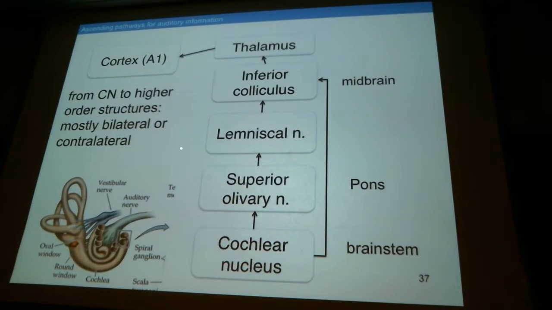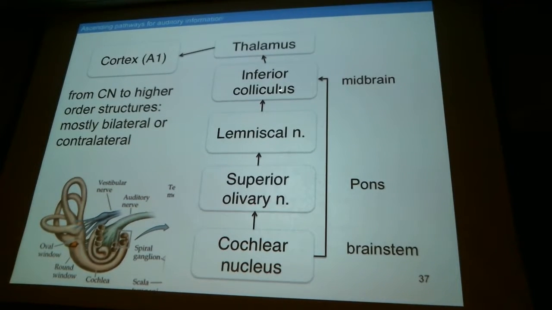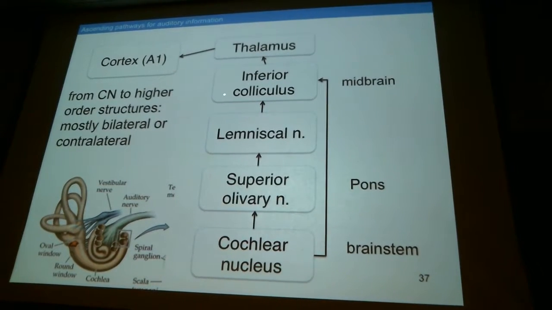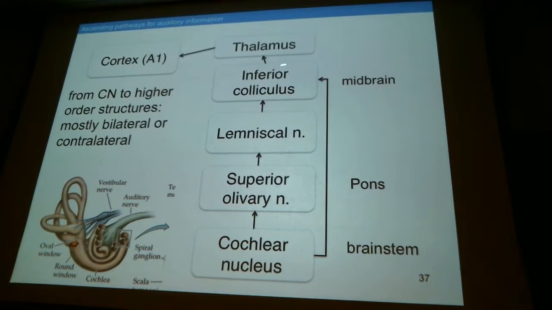Then there are some lemniscal nuclei that do some processing, and finally you have the inferior colliculus in the midbrain. There are also direct projections from cochlear nucleus to inferior colliculus. But really all auditory information has to go through the inferior colliculus before it goes on to thalamus and then to the primary auditory cortex, called A1.